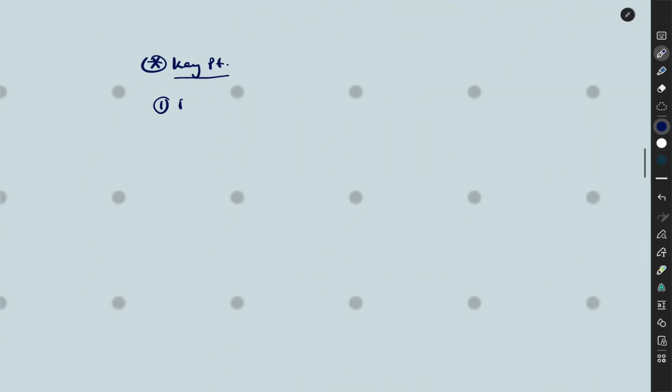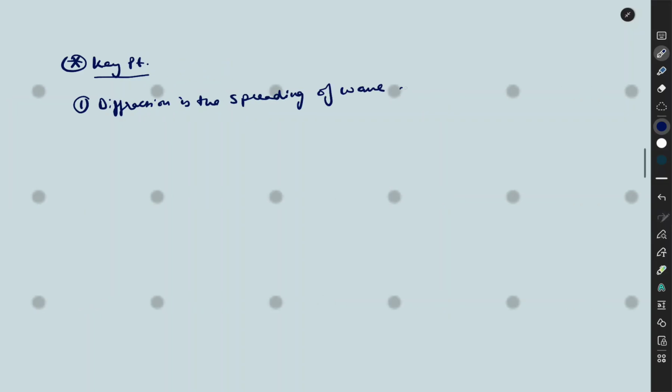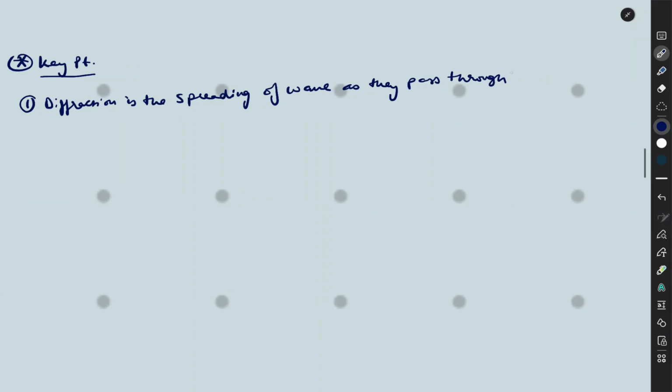First point, diffraction is the spreading of wave as they pass through an opening.